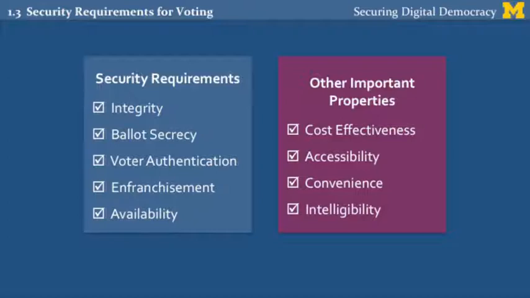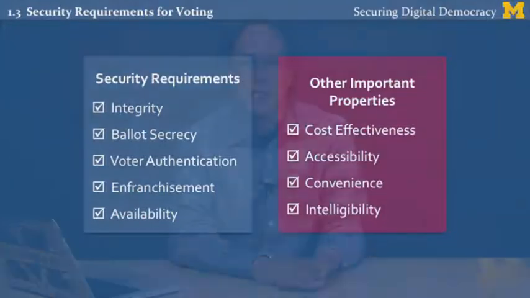Then there's intelligibility, which says basically that if the system is too complicated for voters to understand how the count is being produced or why they should accept the outcome, then that's violating something that ought to be considered a very basic value, that the system should be designed such that all voters are able to understand why their votes counted.